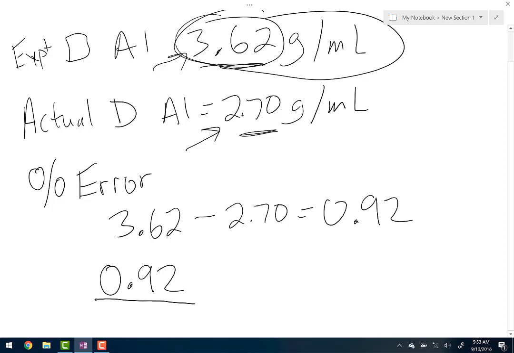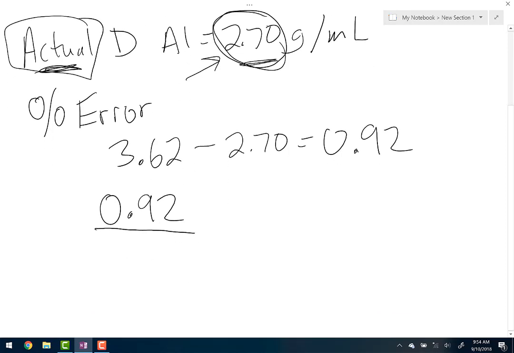If one group is doing the experiment and another group is doing the same experiment, it's very likely that you're going to get two different answers. But the actual value of the density of aluminum, 2.7 grams, doesn't ever change. So the number that goes on the bottom is always the actual number. I'm going to take 0.92 and divide by 2.70.